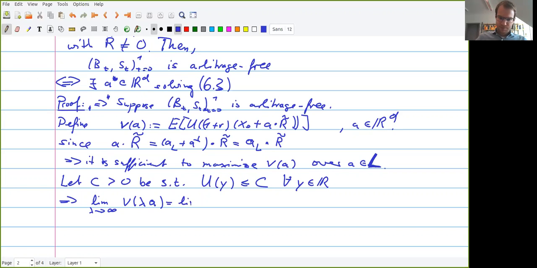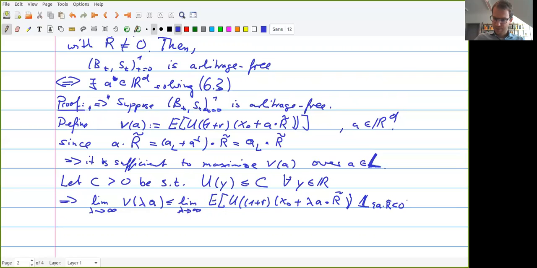We estimate this from above by the expected value of u applied to (1 plus r) multiplied with the initial value plus lambda times a multiplied with the discounted returns, restricted to the case that the returns are negative.